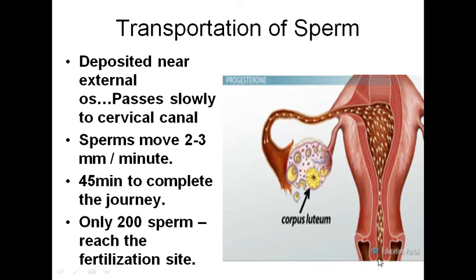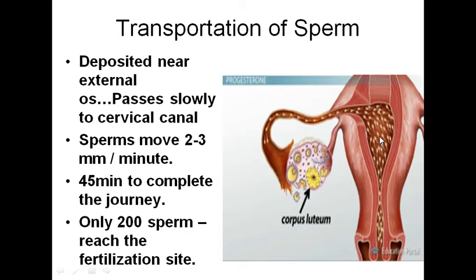they pass slowly into the cervical canal. The cavity of the cervix is known as the cervical canal. So they start passing upwards towards the cavity, and here we can see these sperms, these white small tadpole-like structures. They start proceeding upwards from the external os into the cervical canal, then into the uterine cavity.